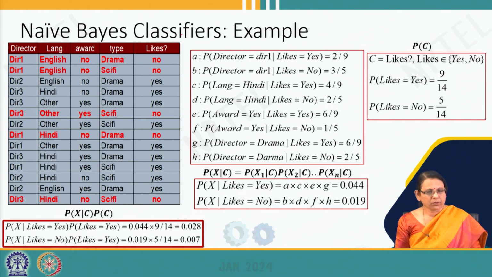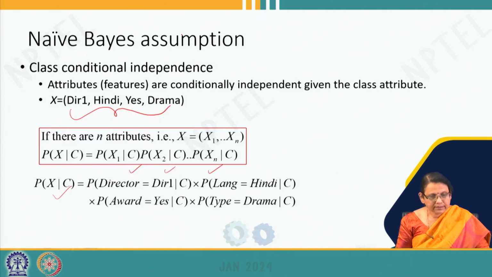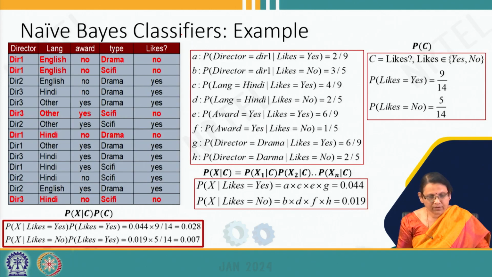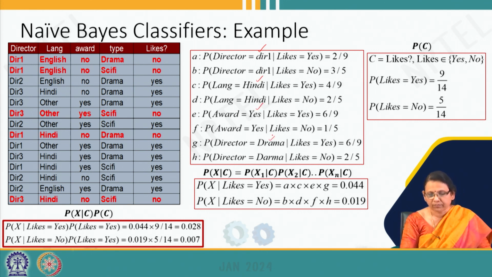Now look at this computation. What was our example? Director is 1, language is Hindi, it has got an award, and it is a drama type.